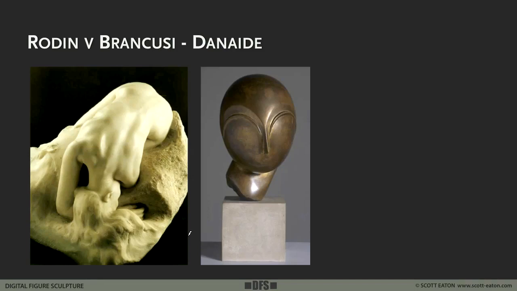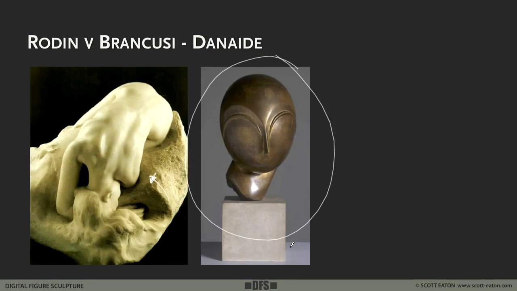If I had to choose which one I prefer, I love the naturalism of the one on the left of Rodin's, but we won't be too hard on this one because it actually sold at auction in New York in 2002 for $18 million, one of the casts of this sculpture, from Brancusi.